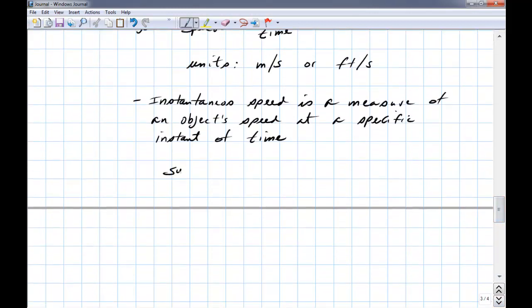And the symbol for that is just speed without the line on top. And the units are the same as we had for average speed.